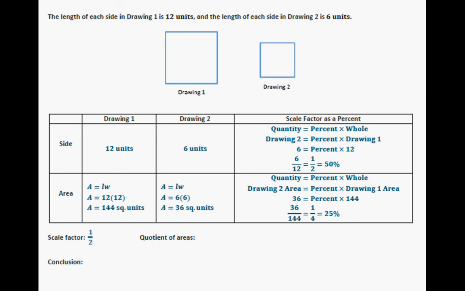So the scale factor is 1/2, and the quotient of the areas is 1/4. So based on all of these exercises, what is our conclusion? Well, 1/2 times 1/2, or 1/2 squared, is 1/4. So the quotient of the areas is equal to the square of the scale factor.